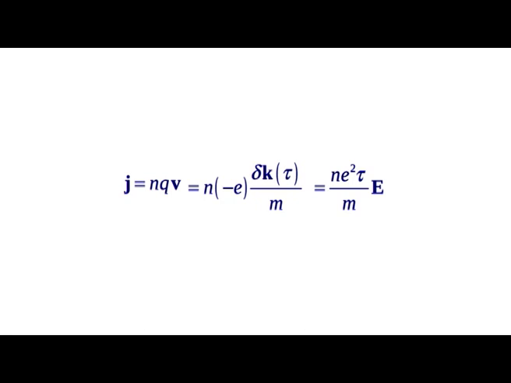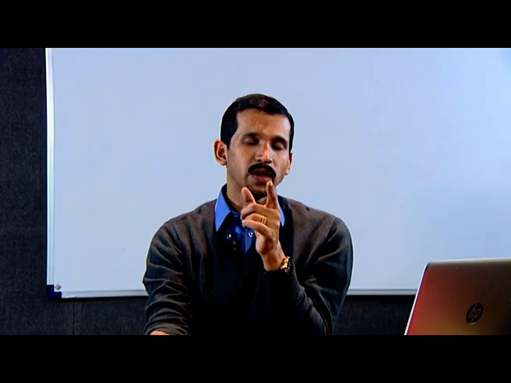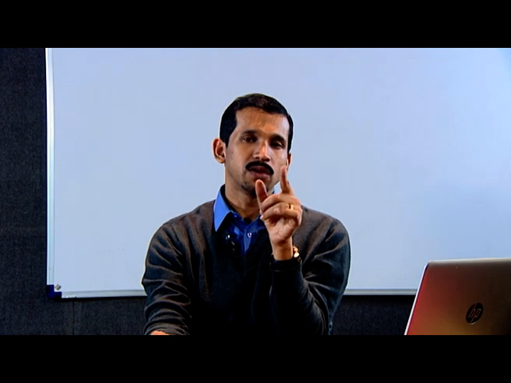But we know that current density is equal to sigma into E, where sigma is the conductivity. We already calculated that n e squared tau by m is equal to sigma, and therefore, J equal to sigma E.